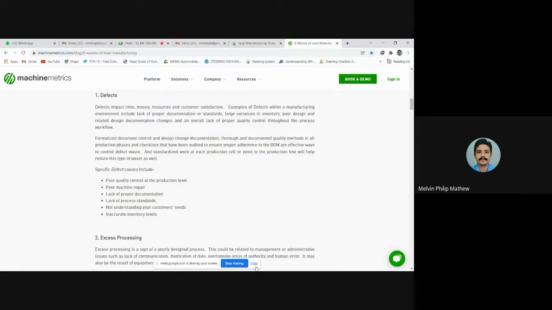Next, poor design and related design documentation changes. If a poor design is created for the product, then obviously there will be defects. The product will not function as per the functions stated by the customer.